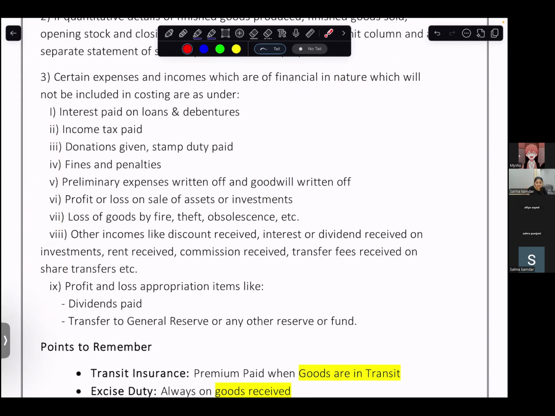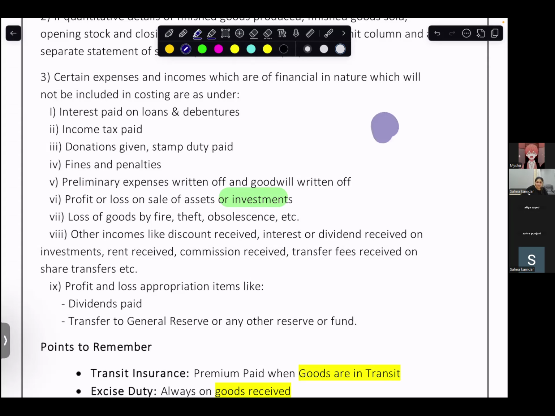Please note this is investments, it is not assets. Loss by fire, theft, obsolescence, any other income like discount received, interest or dividend received, rent received, commission received, these are all treated as financial income. So this is ignored from costing. Dividend paid, transfer to reserves, all these things are also ignored from costing.